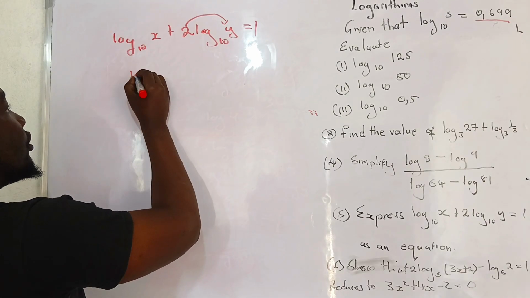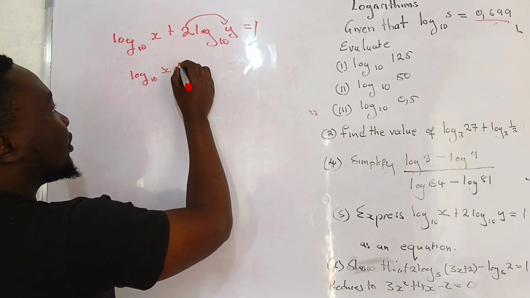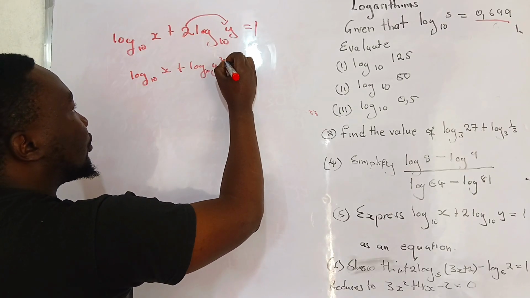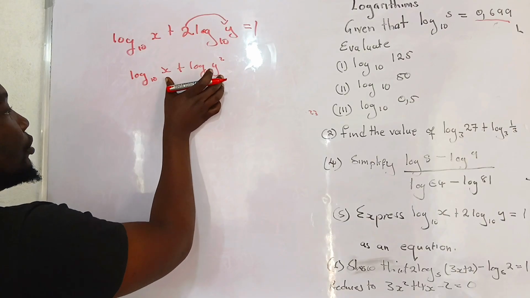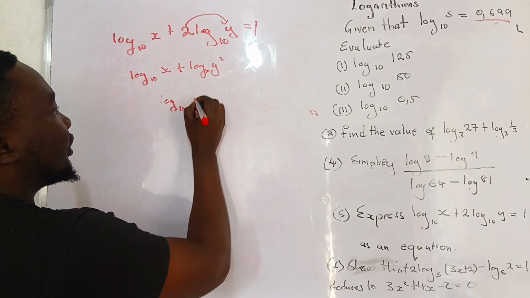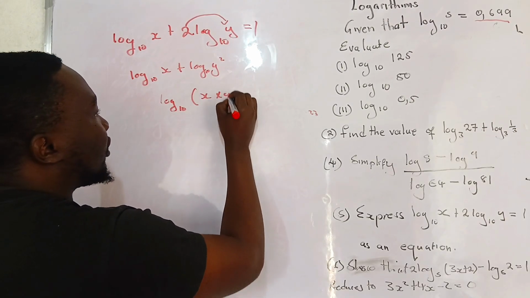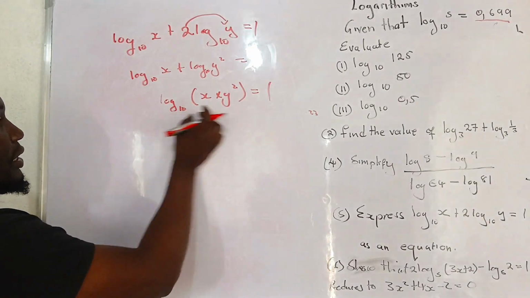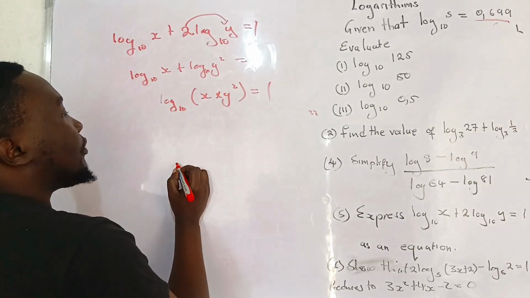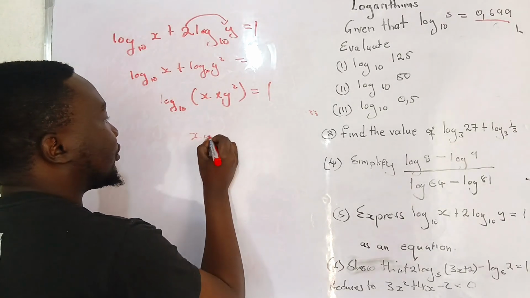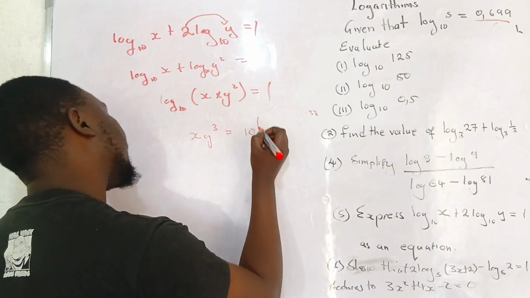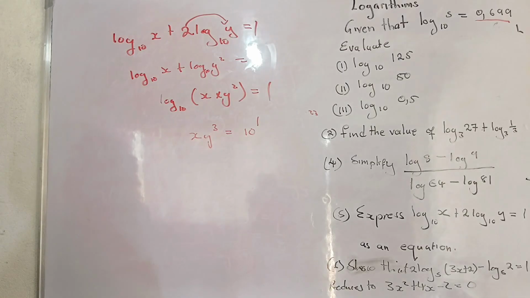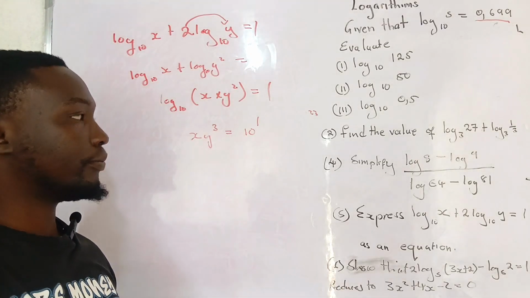So firstly we have log base 10 of x plus log base 10 of y squared. Using the product rule, we join them: log base 10 of x multiplied by y squared is equal to 1. So this base 10 is going to go here. So we have xy squared is equal to 10 to the power 1. So this is now an equation from the logarithm.